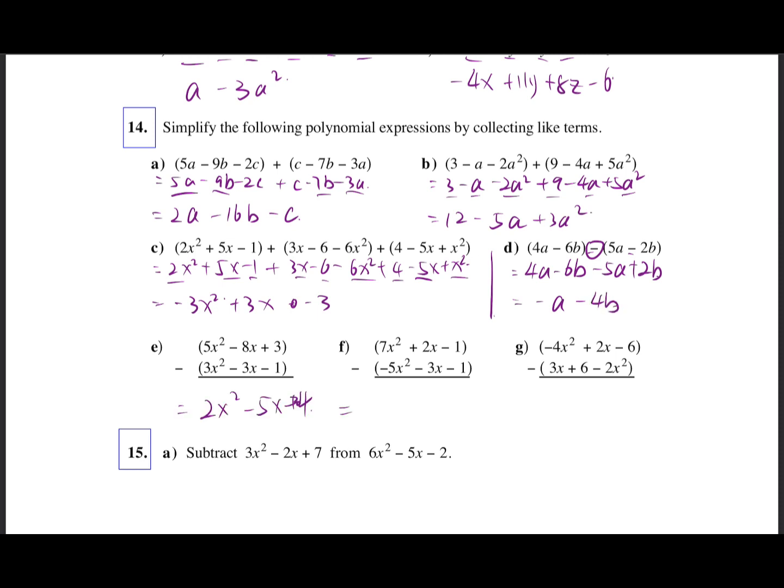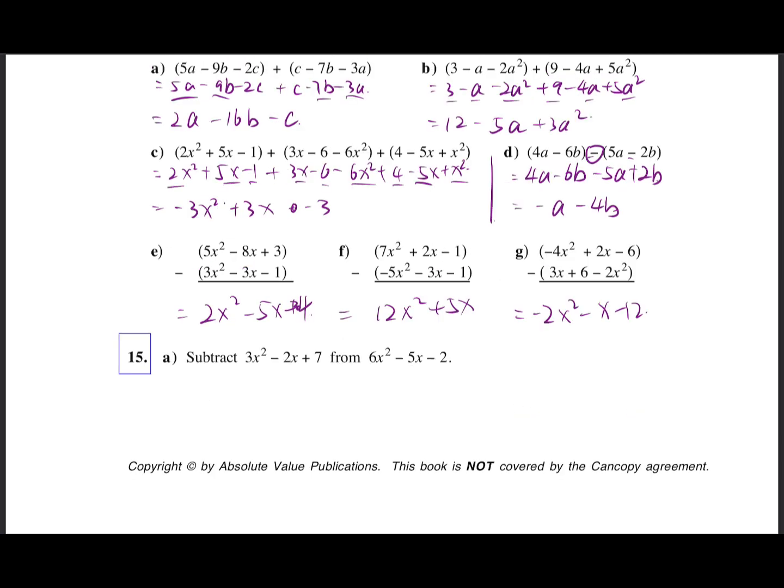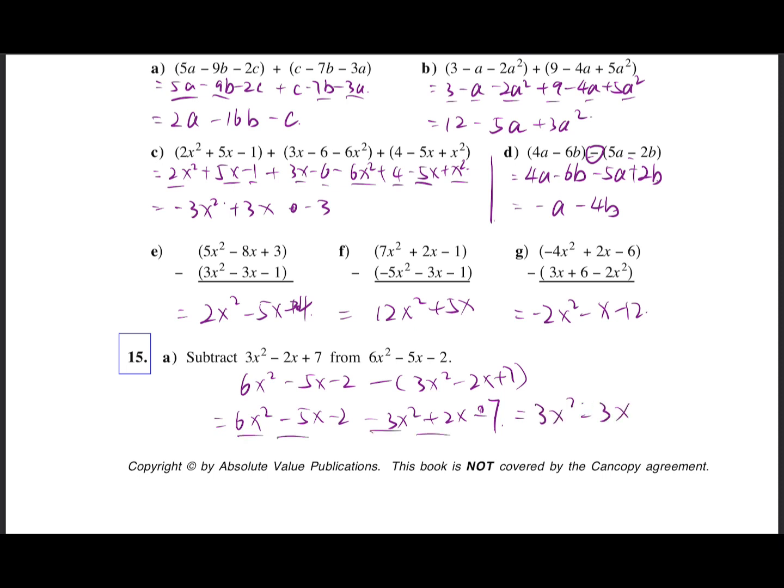And for E, F is 12x squared plus 5x, and G is next to -12. And then for 15, subtract, so we open the bracket, we get the like terms, so this one is 3x squared, -3x, and then minus.